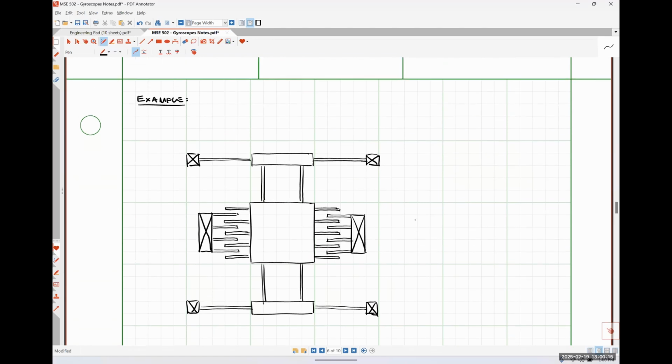Then attached to each one of these structures on the top and bottom end, I'm also going to have yet another capacitive comb drive, something akin to this.